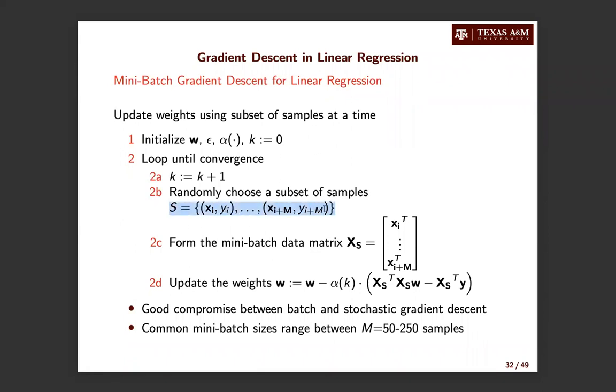So here, if this set S corresponds to a randomly selected set of samples, then we can form this mini-batch data matrix XS that only contains the data samples that belong to our set S. Then when we update the weights, we have exactly the same update rule that we had in batch gradient descent, but instead of our data matrix X, we have our mini-batch data matrix XS.